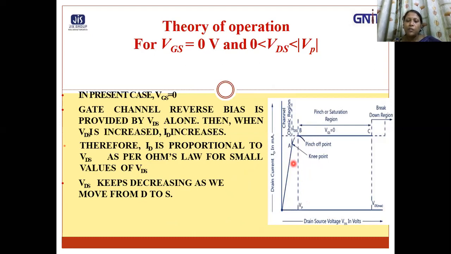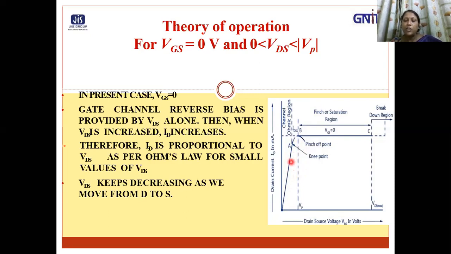It is found that for small initial values of VDS, the N-type channel material acts like a resistor of constant value. It is so because VDS being small, the depletion regions are not large enough to have any significant effect on the channel cross section, and hence its resistance does not depend on the voltage. Consequently, ID increases linearly as VDS is increased from 0 onwards.